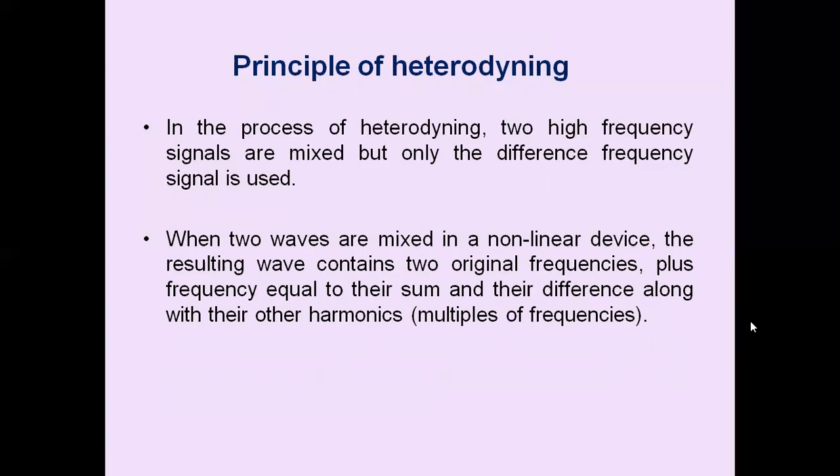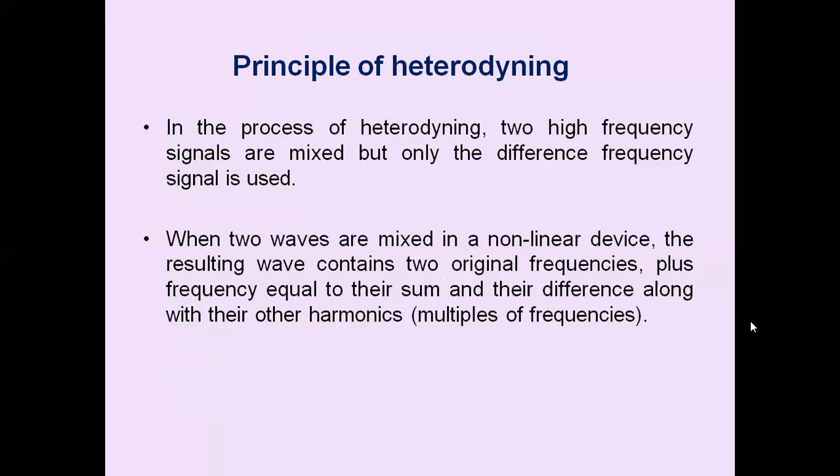When two waves are mixed in a nonlinear device, the resulting wave contains the two original frequencies plus frequencies equal to their sum and difference, along with other harmonics. When F0, the local oscillator frequency, is mixed with Fs, the incoming signal frequency, in a nonlinear device that we use as a mixer, we get the sum frequency F0 plus Fs, the difference frequency F0 minus Fs, along with other harmonics.